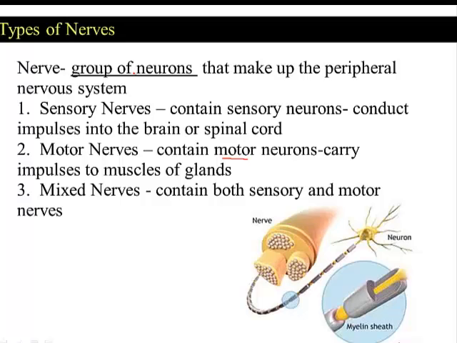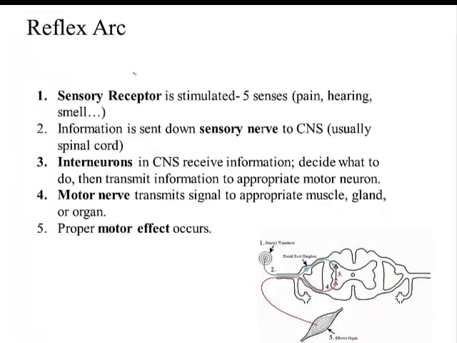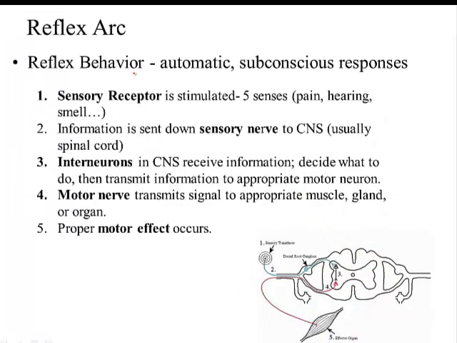And the main nerve pathway that we're going to be talking about is the reflex arc. Reflex behavior is an automatic subconscious response to a stimulus. So if you are walking along and you step on a piece of glass, you are going to respond to that in a very distinct way.